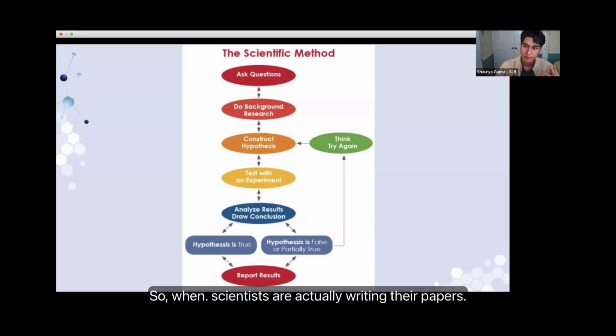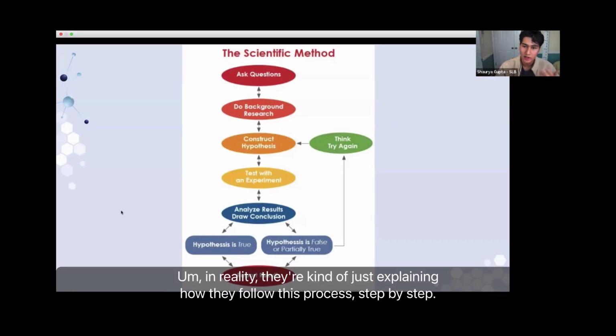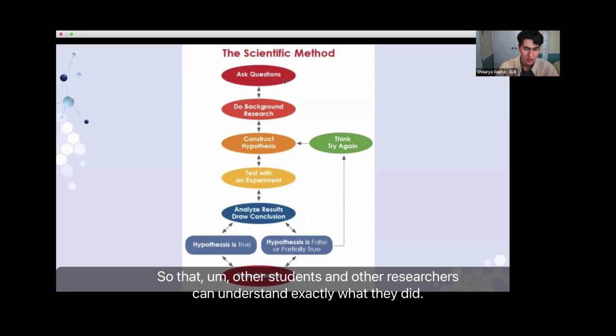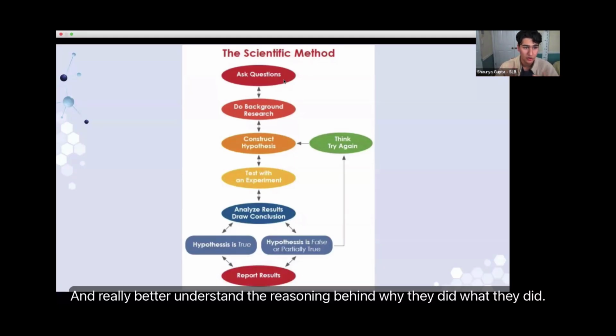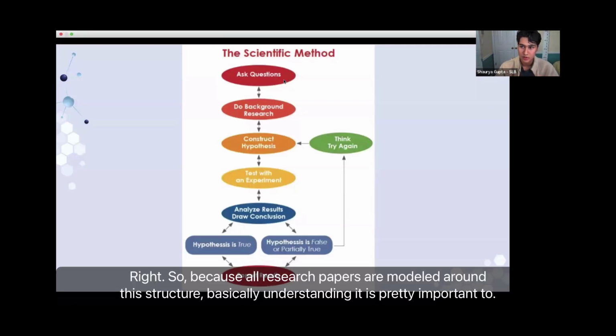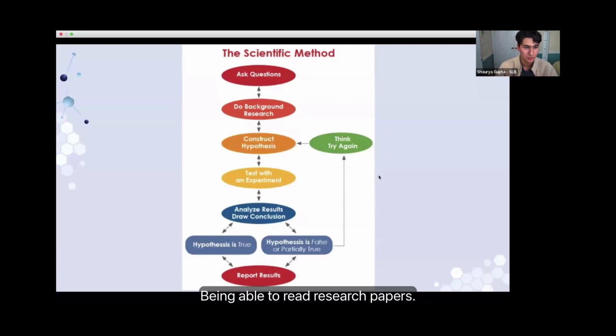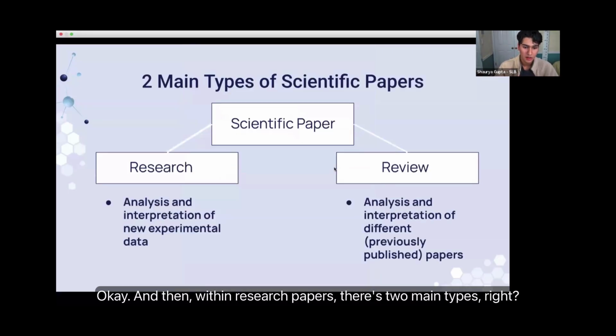So when scientists are actually writing their papers, in reality, they're just explaining how they followed this process step by step so that other students and other researchers can understand exactly what they did and better understand the reasoning behind why they did what they did, right? So because all research papers are modeled around this structure, understanding it is pretty important to being able to read research papers, right?